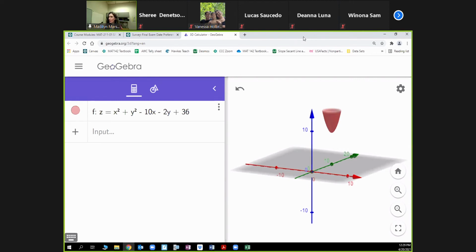I am going to bring up, we're going to do another problem where we're doing an application of this, but I just want to show a saddle point so that we can see what that looks like on here. Let me find it.